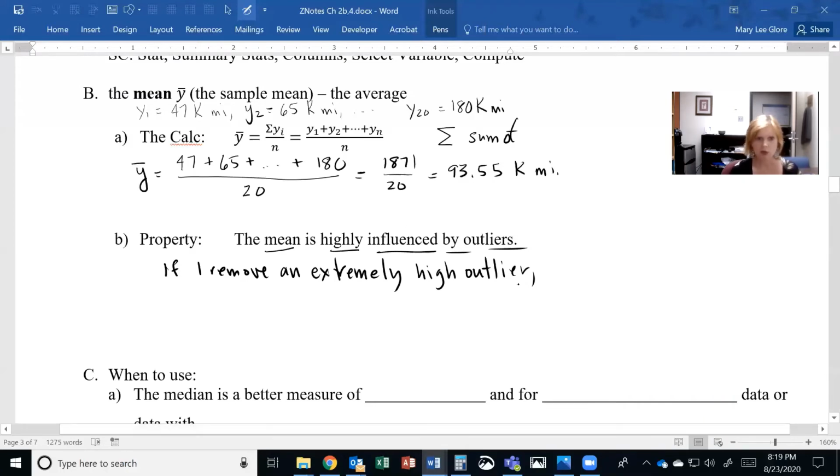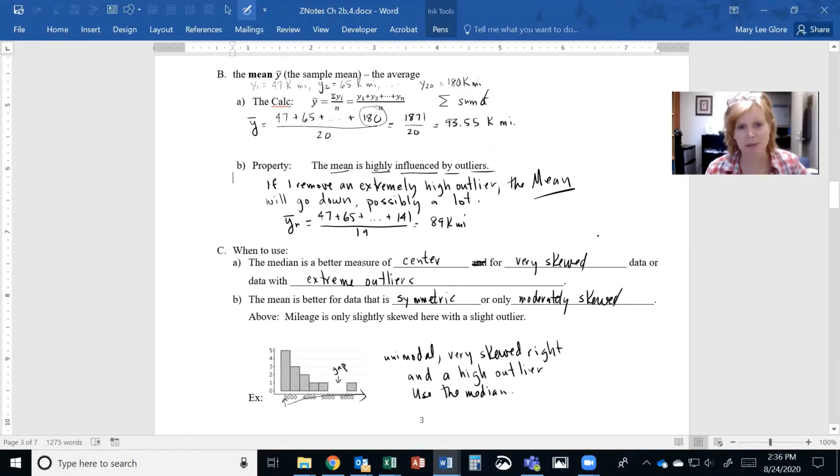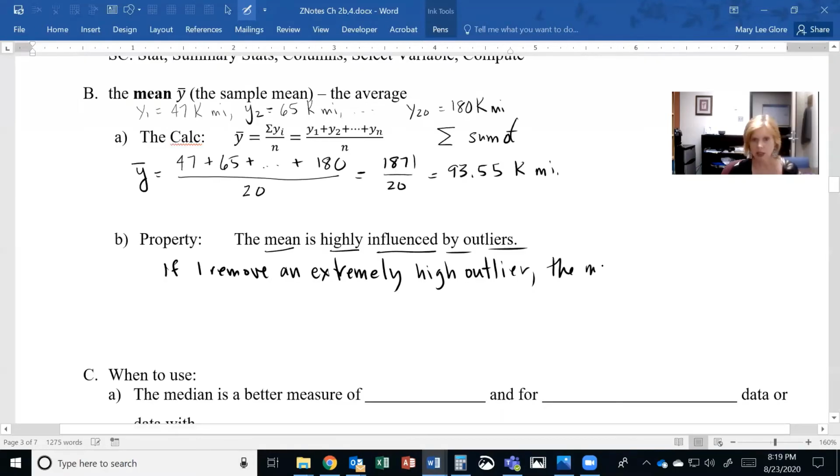So if I remove an extremely high outlier, the mean will go down. And it can go down a lot.